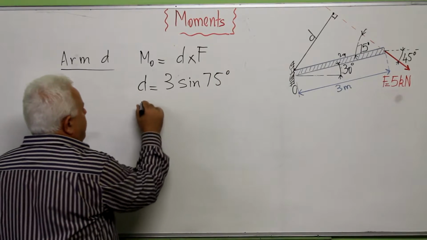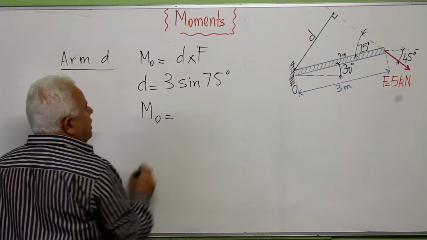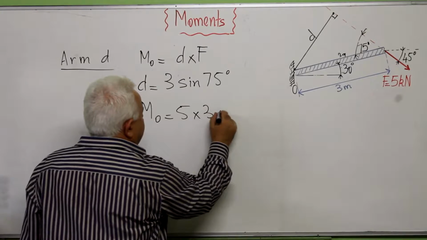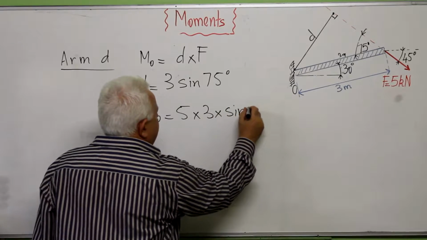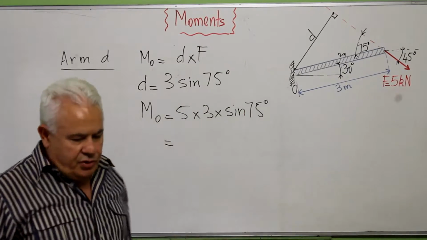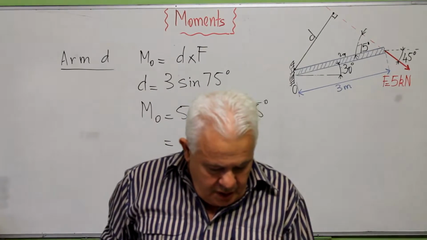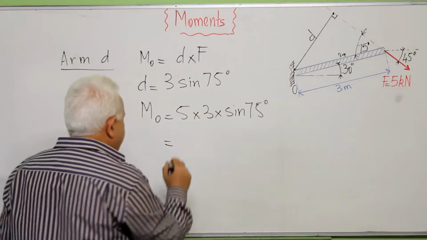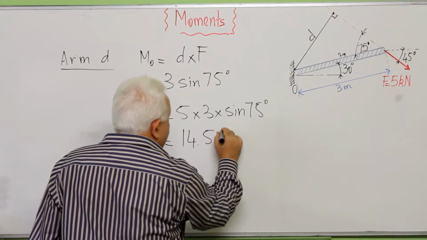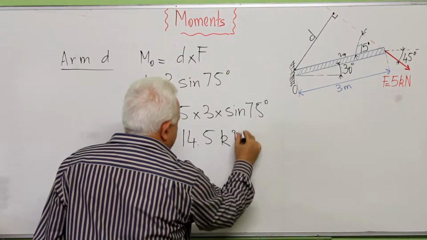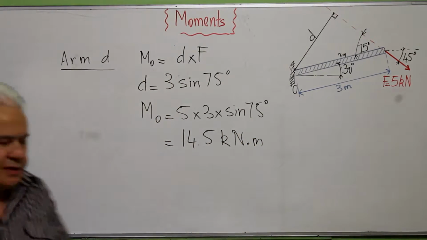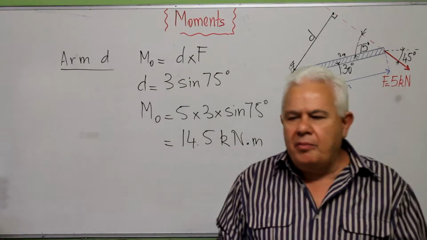Finally, the moment M about O is F, which is 5, times 3 times sine 75 degrees. And as I did the calculation, it is 14.5 kilonewton meters.